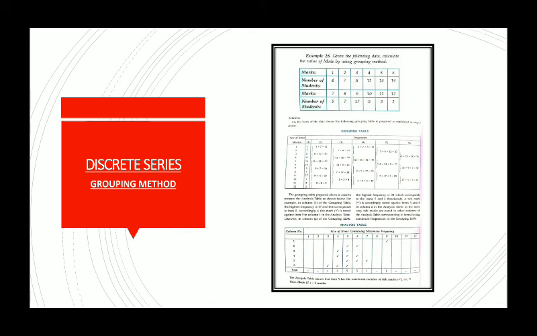For 39, we'll put the tick mark under 5, 6 and 7. For the last one, where the highest is 36, we'll put the tick mark under 3, 4 and 5. Now, after completion of this marking, we will add the total number of tick marks under any particular size.